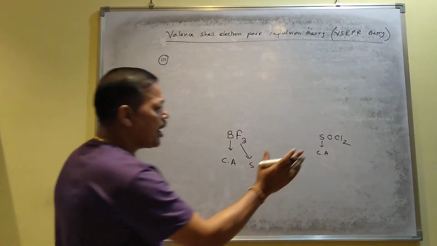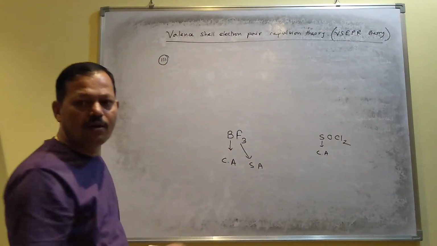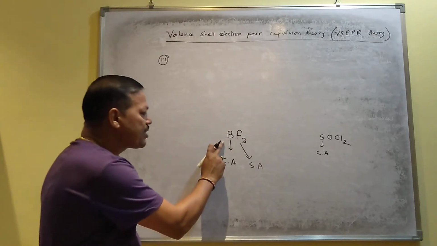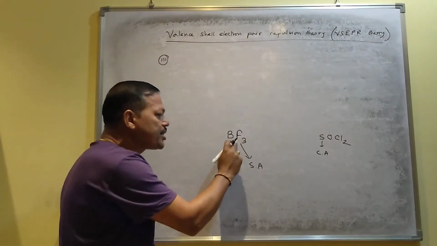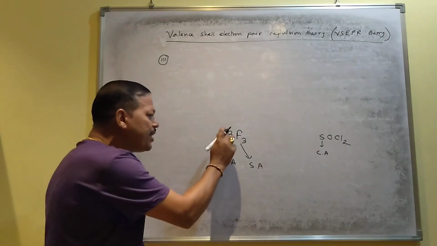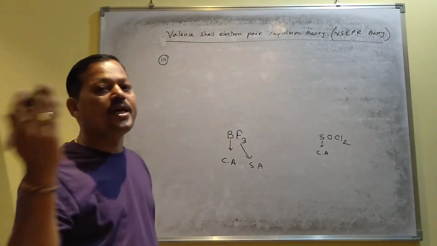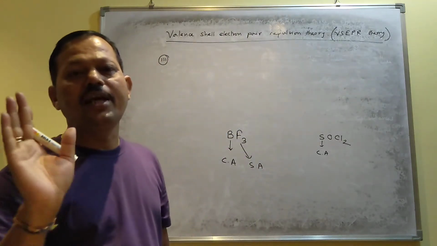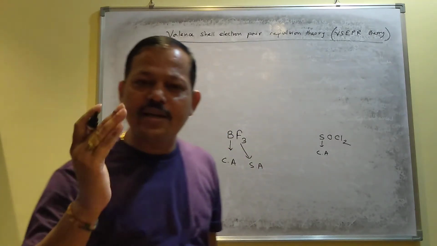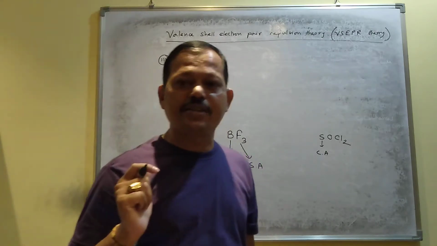So I am saying about this type of molecule, when the central atom is linked with similar surrounding atoms, and inside the central atom there is no lone pair, only bond pairs are present, then you will get the regular shape. I mean you will get the shape according to the hybridization concept.